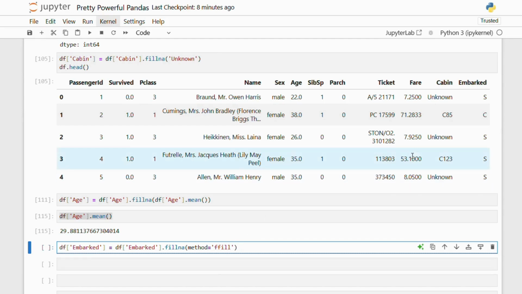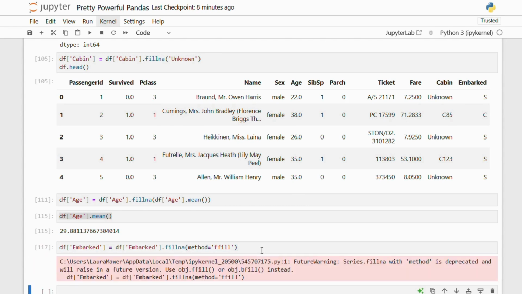What it does is, say this was the unknown one, it takes the one previous and puts it in the one that's missing. There's also a backward fill, so you could take the one further ahead and bring it back. That's quite a nifty one. It works really well when it's time ordered data. It maybe doesn't make sense in this data set, but just for the purposes of today, we'll make that work.